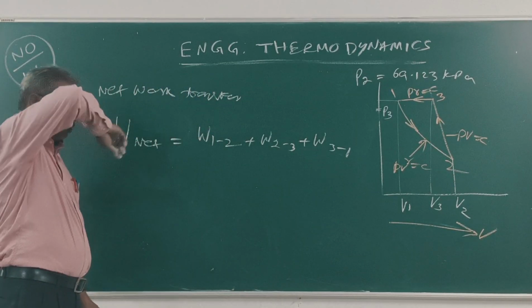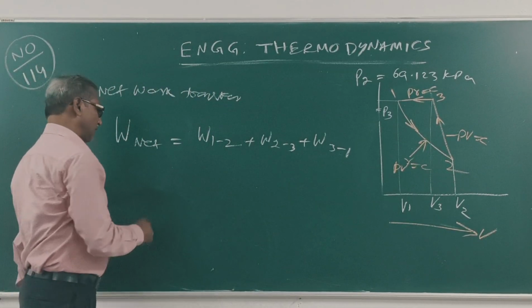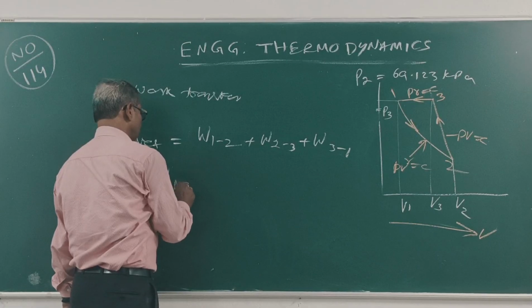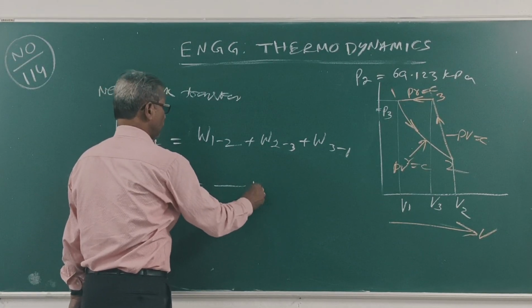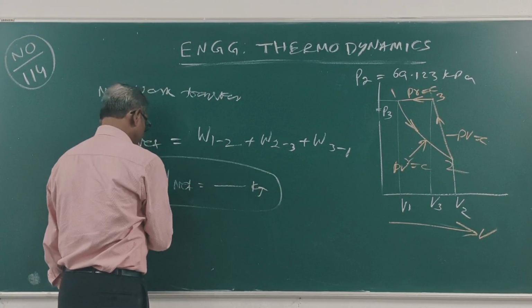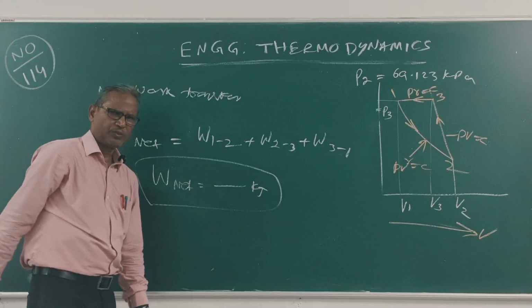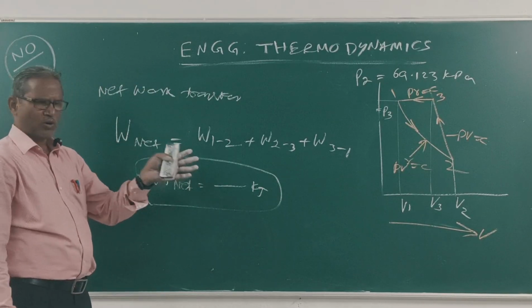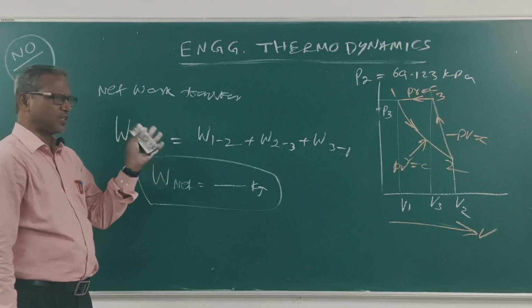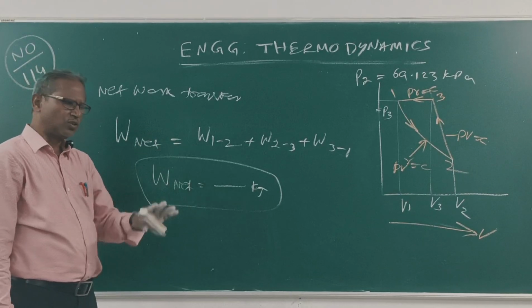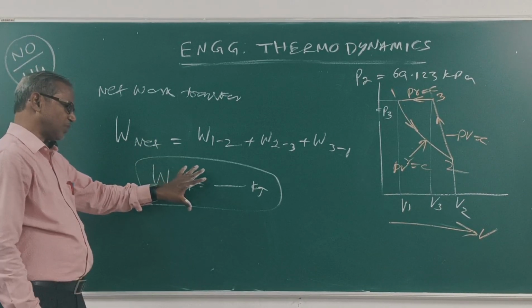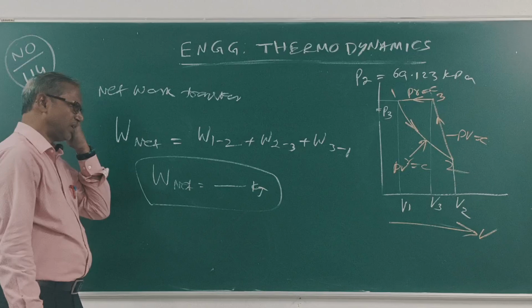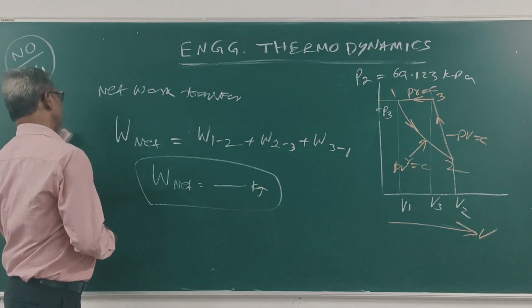So you put all the values and find the answer. W net is equal to something kilojoule. The answer is in kilojoule. Clear? Since W12 is kilojoule, W23 kilojoule, W31 is also kilojoule, so the net work transfer is also in kilojoule. Clear? Next question I will do 115.